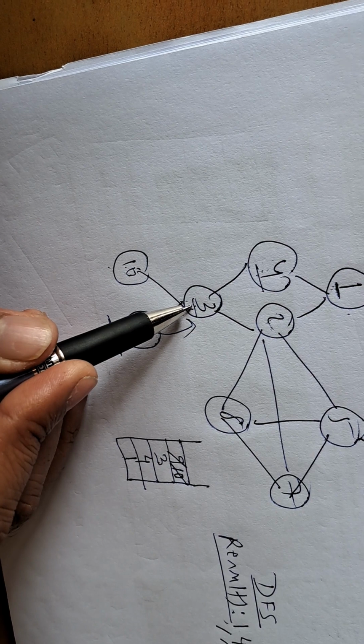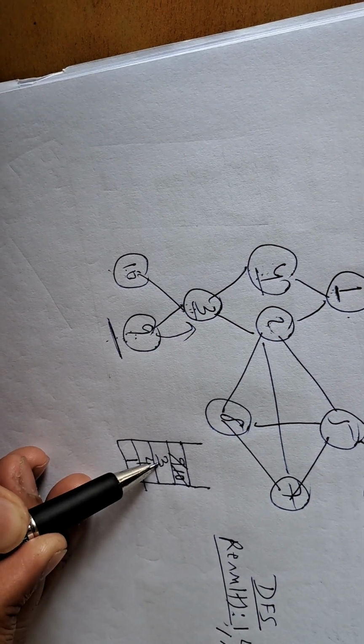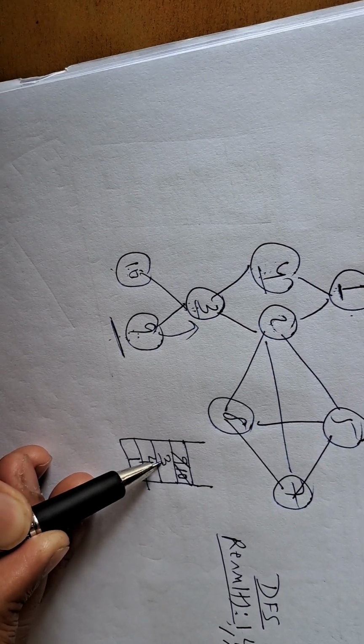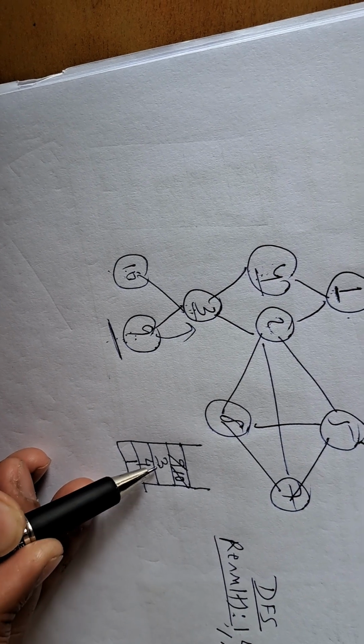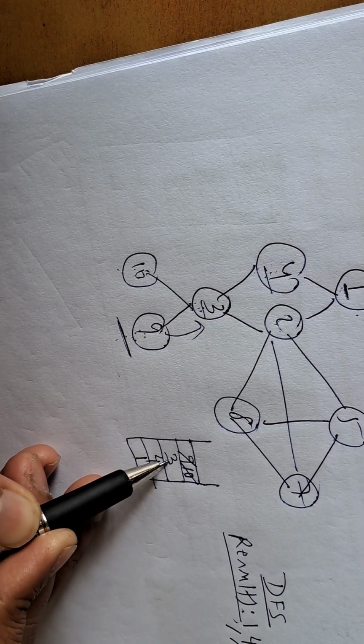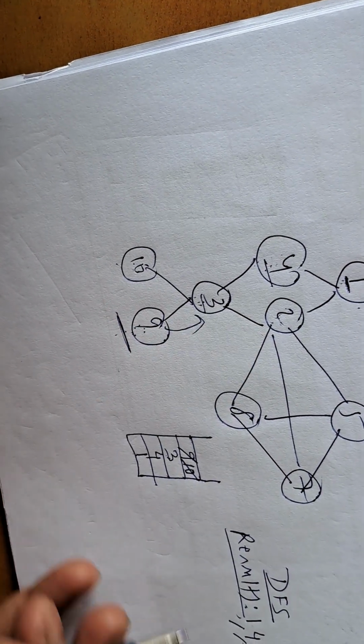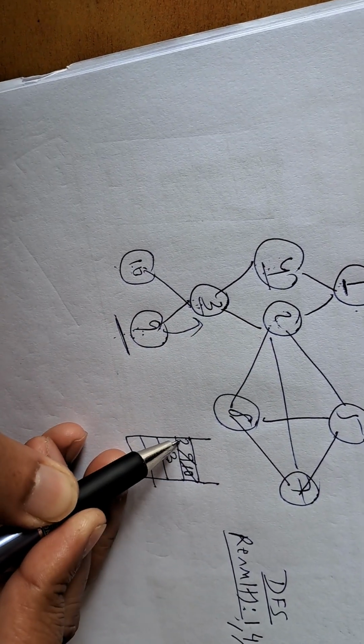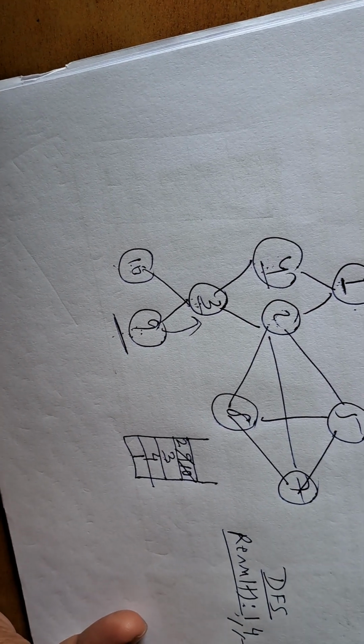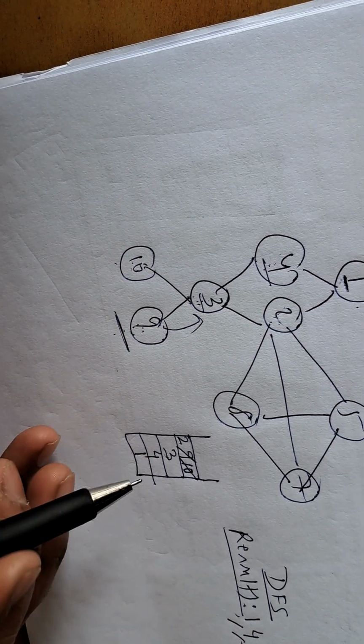Fine. So 10 will be popped out. Again we will go to 3. So 3 is the topmost element in the stack. We will check whether the top element has any unvisited vertex. Yes, 3 still has a connection to 2, which has not been visited. So I will write the answer and push it here. Fine.